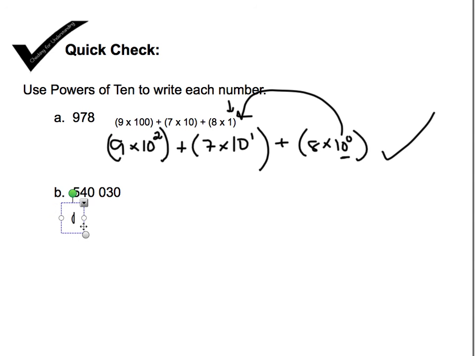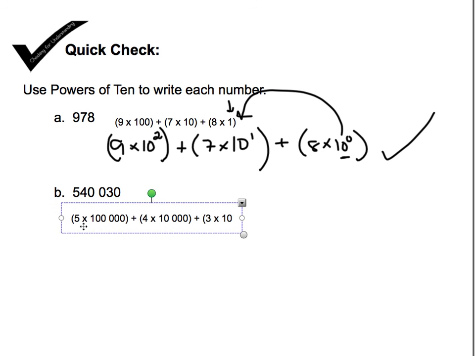Okay, so let's write the next one. It'd be bracket 5 times 100,000 plus 4 times 10,000. I'm not going to put the zeros in. And 3 is in the tens place, so I'm going to write it as 3 times 10. Now I'm going to write mine as powers of 10.